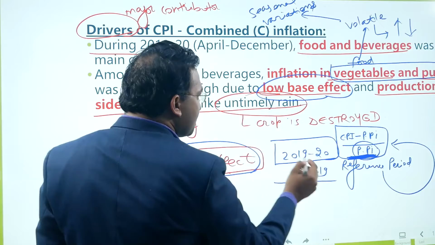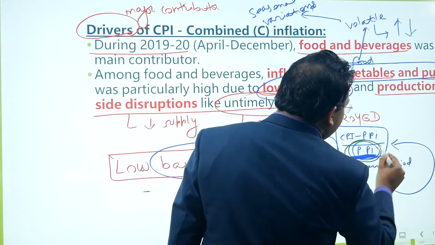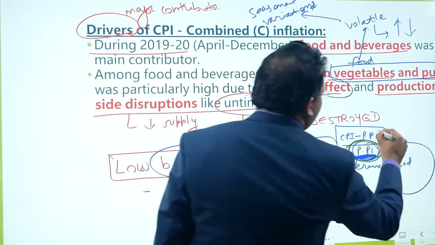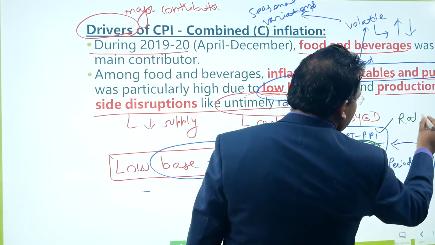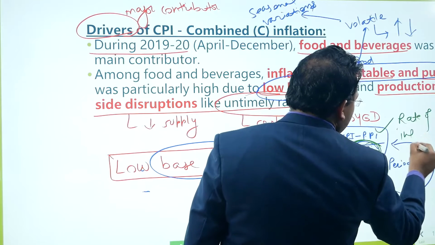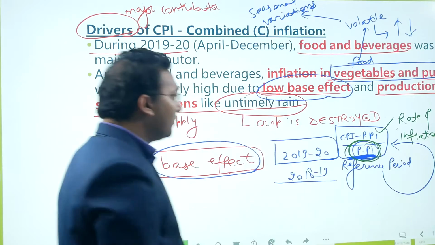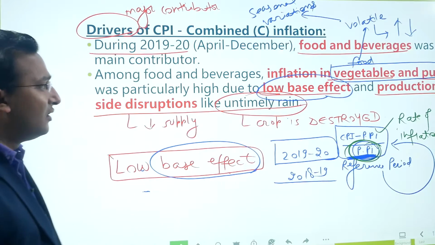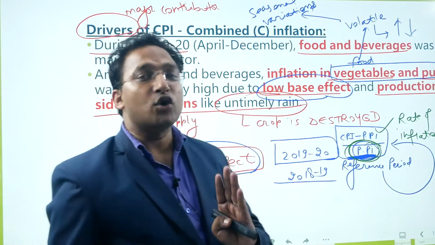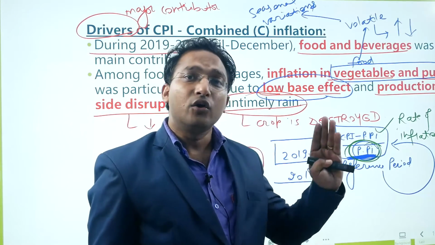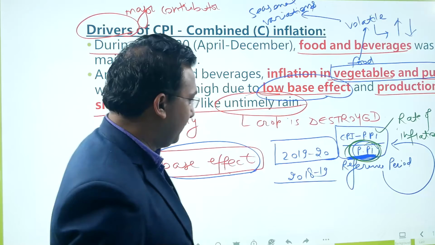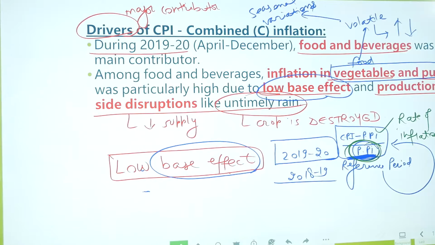This base being low, the rate of inflation was supposed to be high. I hope this concept of base effect is clear. This concept has already been asked in the UPSC, so please be careful and understand this carefully.